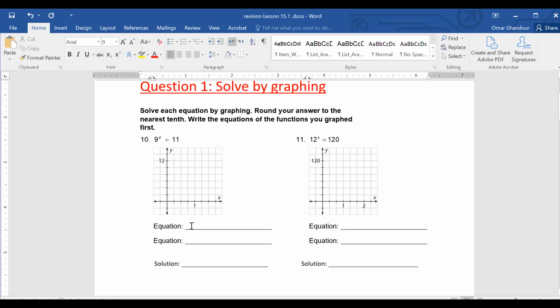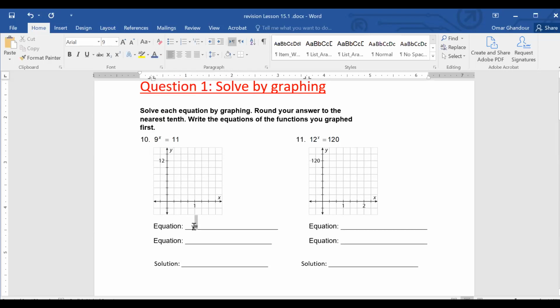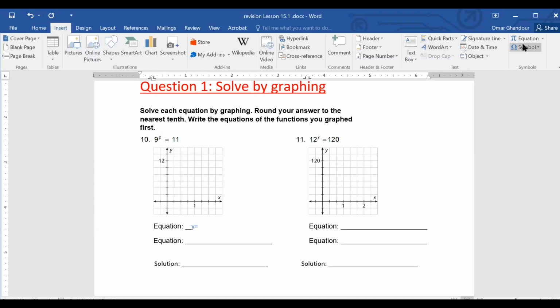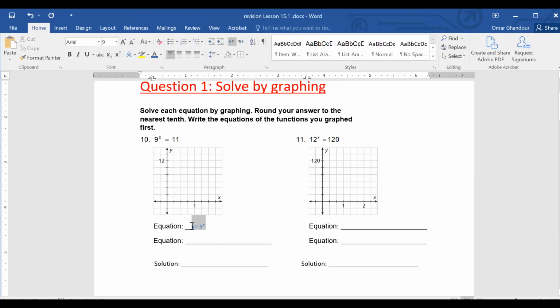Equation 1 is y equal to 9 to the power of x. This is your first equation that you have to graph.